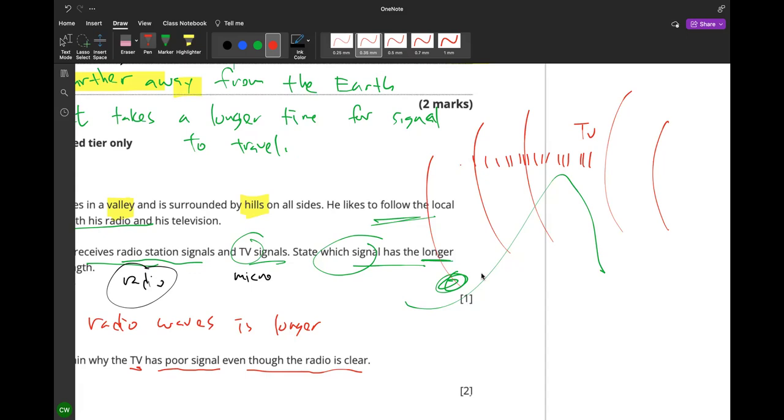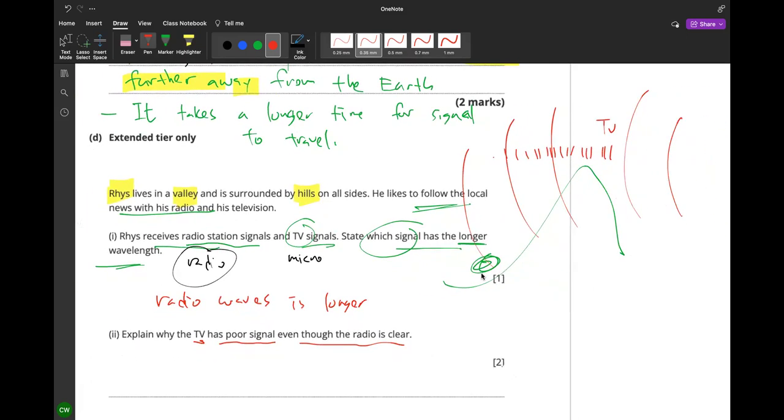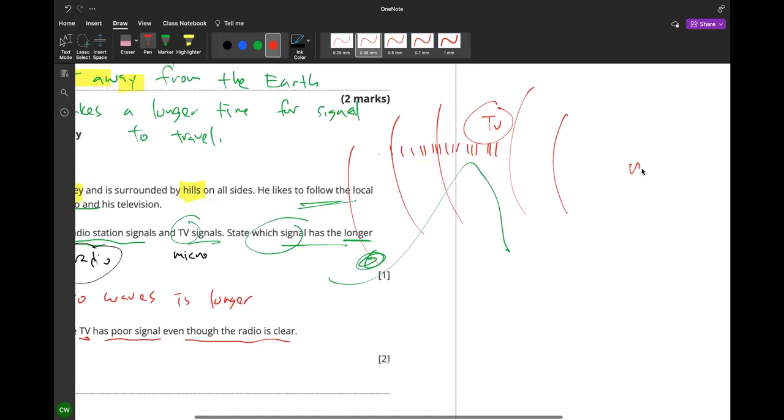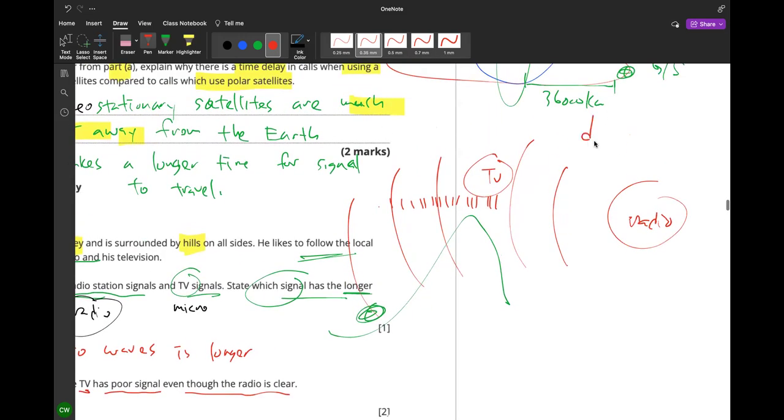Which one deflects less? Deflect means spread. Jayden. Which one deflects less, TV signal or radio signal? We're talking about diffraction. Which one diffracts better? Radio wave diffraction is better. Why? Why is radio wave diffraction better? Because wavelength is longer, the longer one diffracts better.